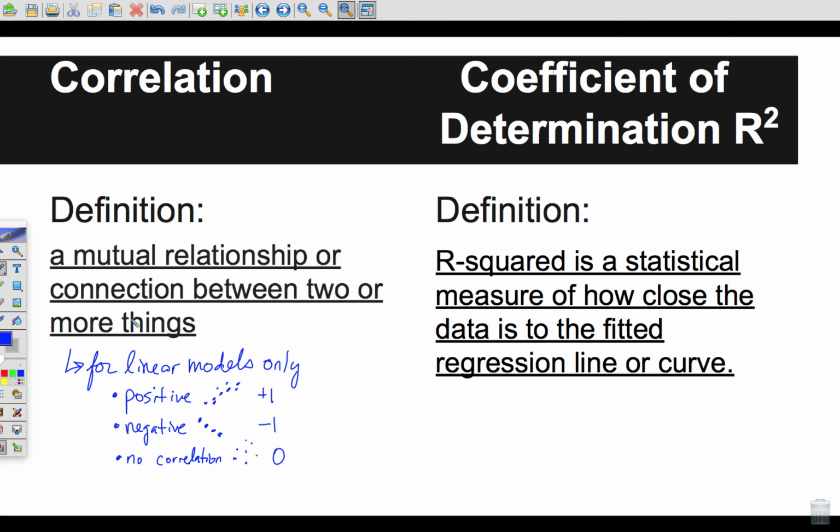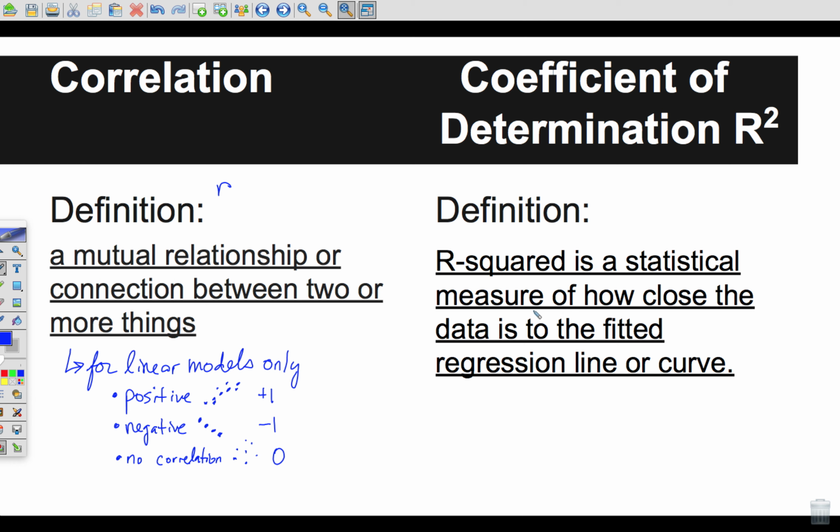So that's correlation. Then we have what's called the coefficient of determination. Correlation is always described with a lowercase r. The coefficient of determination is described with a capital R squared. Okay, so we call it r squared. It is a statistical measure. If you take statistics, we're going to get into a little bit more of this.